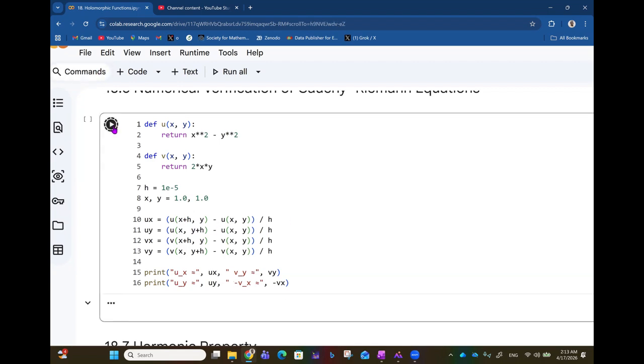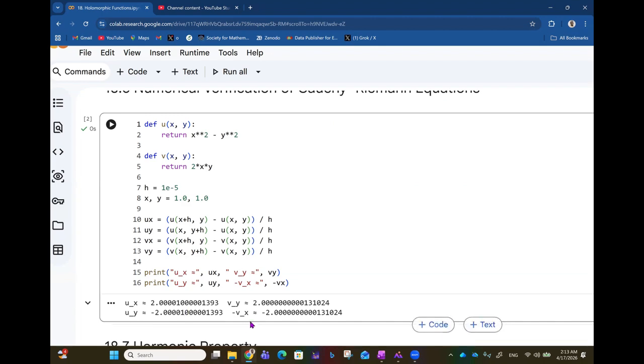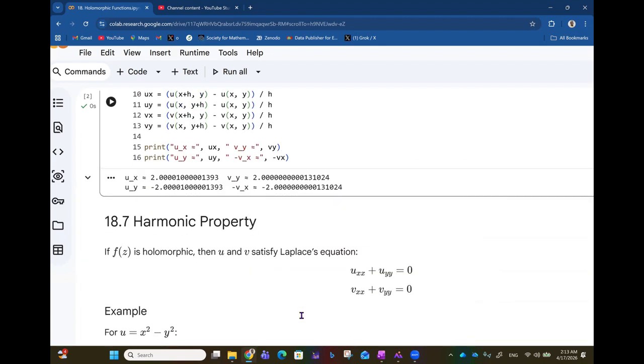By the time we run all this, we see u sub x is 2.0 something, v sub y is 2.00 something, roughly 2 in each case. Then u sub y is minus 2.0 something, and minus v sub x is minus this. So that establishes the fact that partial u partial x is equal to partial v partial y, and that partial u partial y is equal to minus partial v partial x, and that is established.